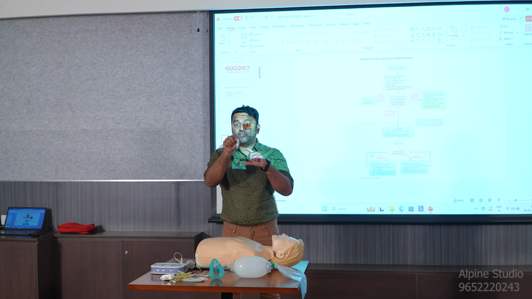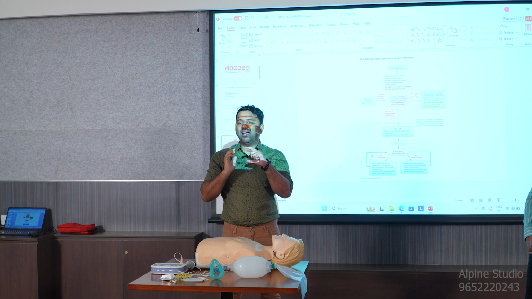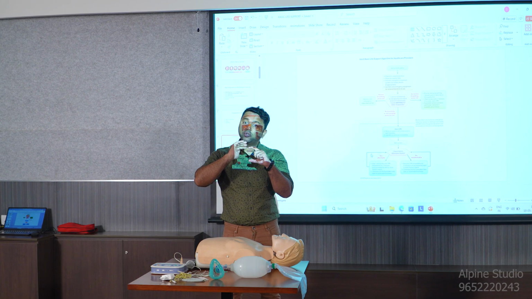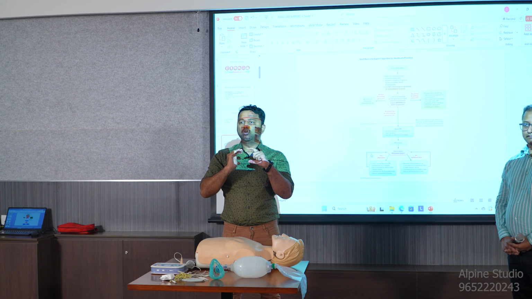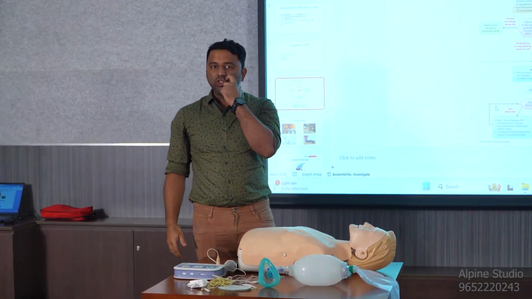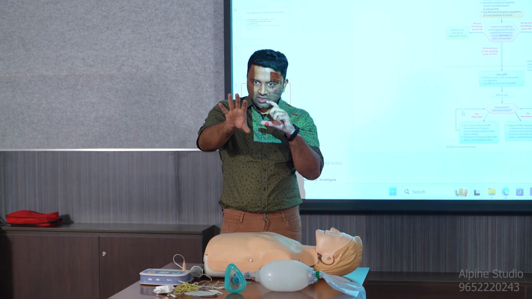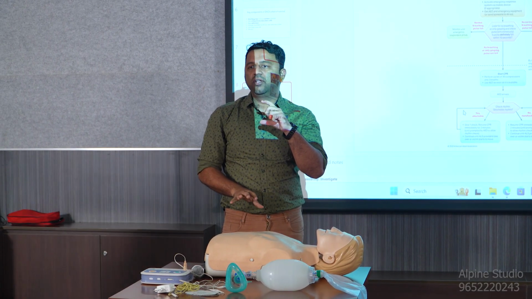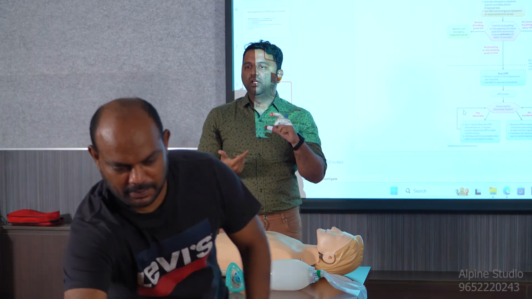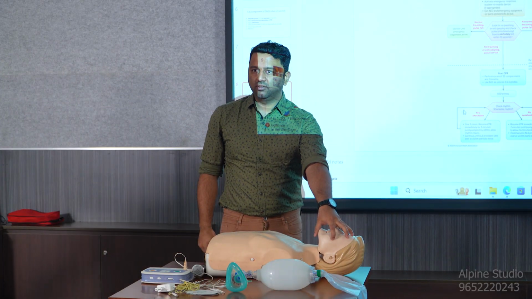If it is visible and outside, we take it out, but you should not put your hand in and do things, because that will push it inside more, not bring it out. It will create more danger than solving the issue. So if it is very superficial and solvable, then you remove it. Otherwise, if you see some particle, you wait for the help to arrive, because under supervision it is removed. Until then, the only thing we do is provide the breaths.